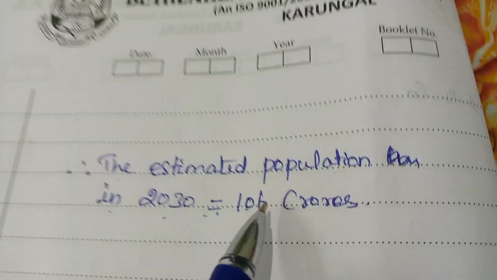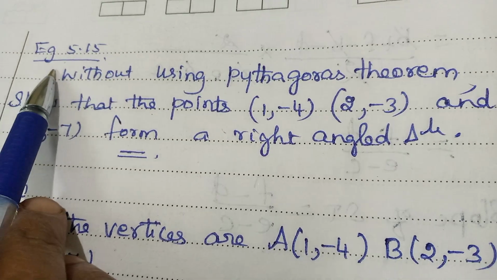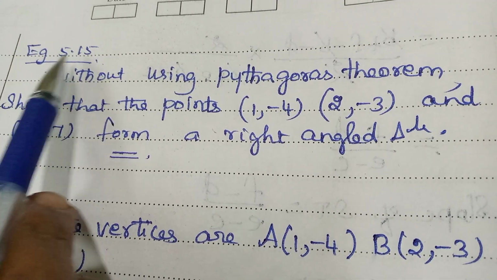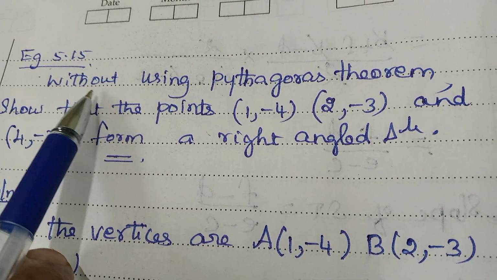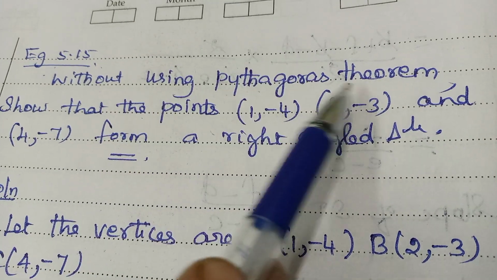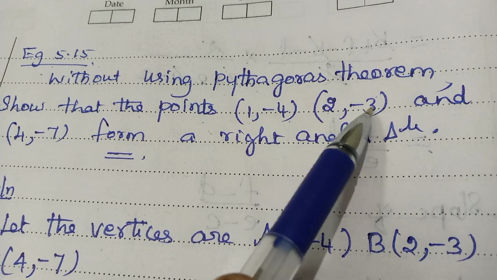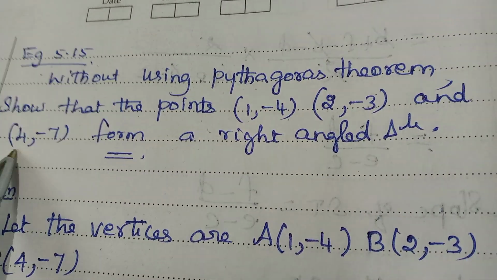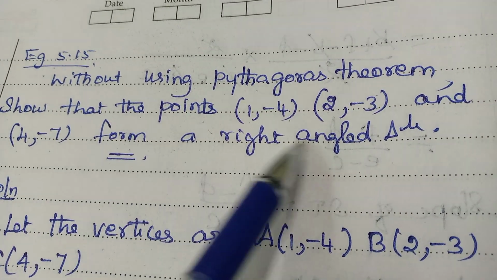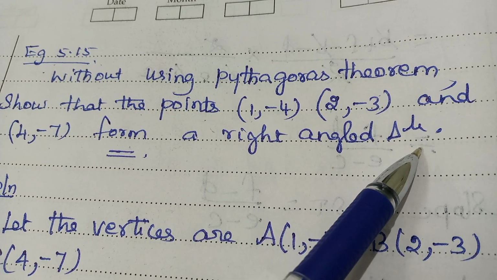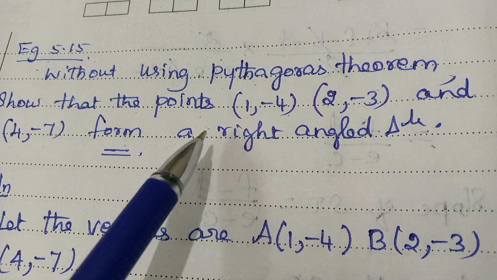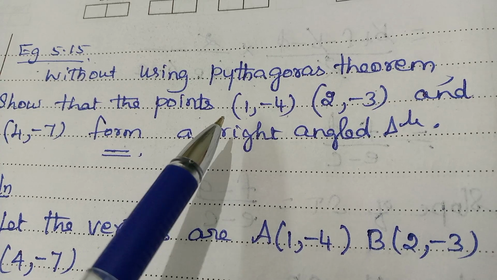Understood, students? Okay, let's do example 5.15. Without using Pythagoras theorem, show that the points 1, minus 4, 2, minus 3 and 4, minus 7 form a right-angled triangle. Okay, we know that in a triangle 3 sides are there, isn't it?